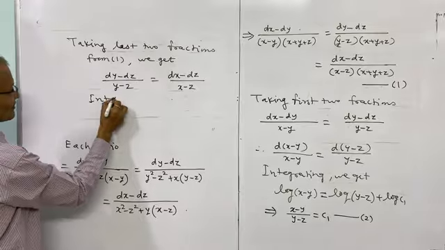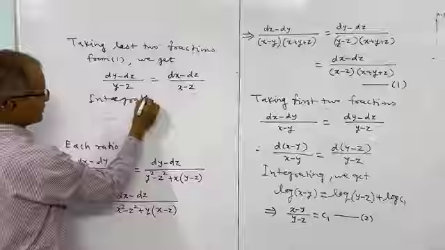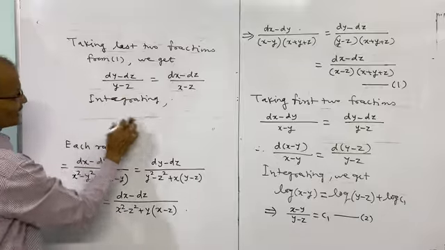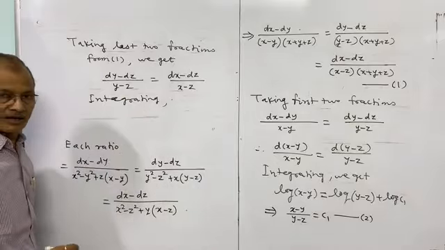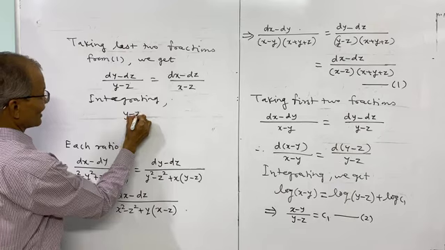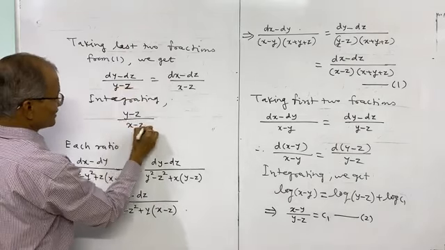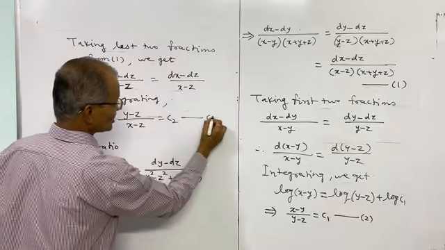Integrating, this gives, I shall write directly, log of y minus z, and this is log of x minus z. So that gives, after cancelling the terms, y minus z divided by x minus z is equal to c2, and this is third.